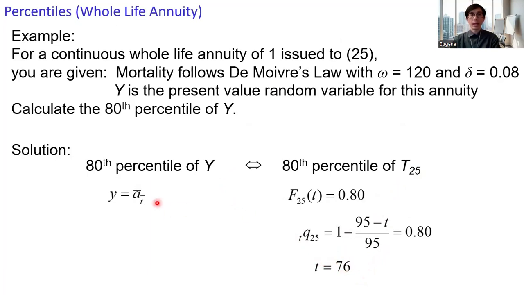The value for Y is a-bar angle t, and t is 76. With delta equals 0.08, we can get a-bar angle 76, and upon calculation, we get 12.4714. And this is the 80th percentile for this annuity.